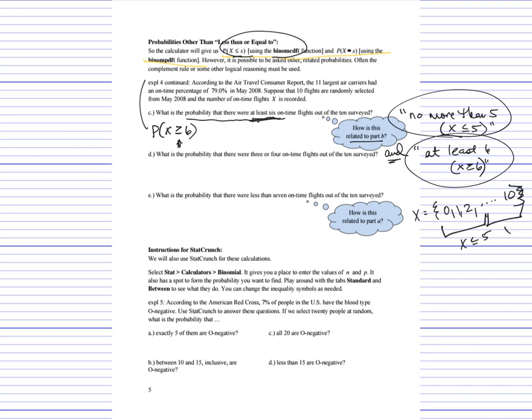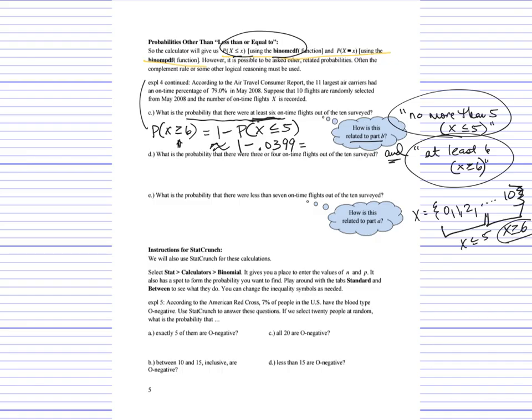Now we want the probability that x is greater than or equal to 6. So let's do 1 minus the probability that x is less than or equal to 5, which, remember that guy? That was that 4%, wasn't it? So let's do 1 minus, I'm going to go ahead and use a more accurate 0.0399.